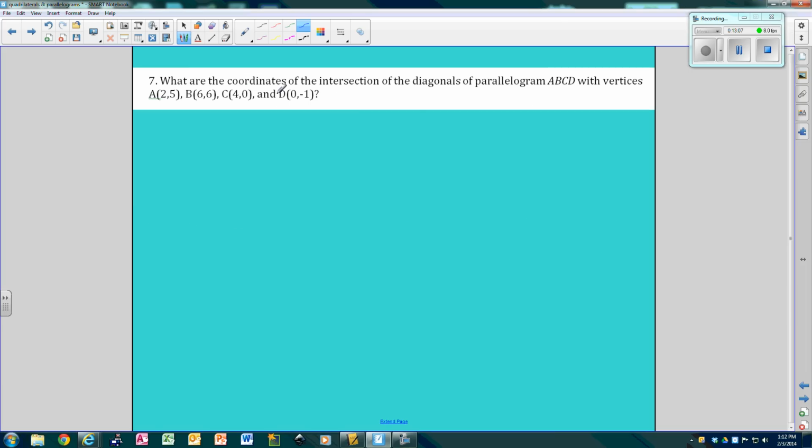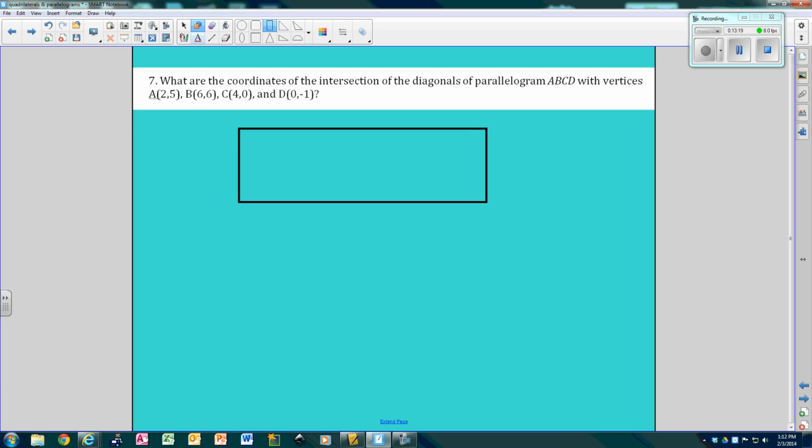So what we're going to do is, since we have parallelogram ABCD, I'm going to draw a parallelogram. Okay, so let me see if I can get this thing to lean. I might not be able to.